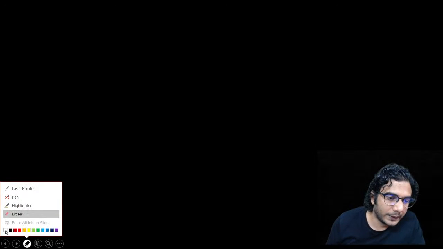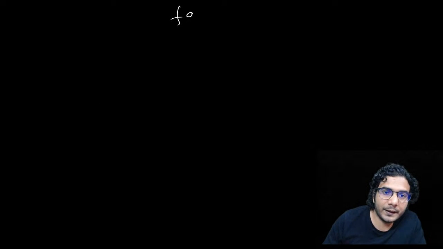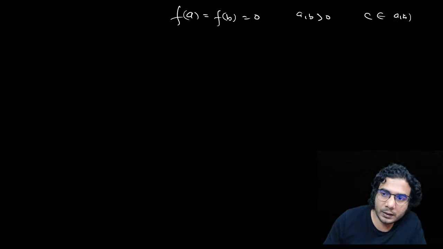Same conditions: f is a continuous and differentiable function, f of a is equal to f of b is equal to 0, a and b are positive numbers, and c belongs to a to b. Then you need to answer whether this is true or not.